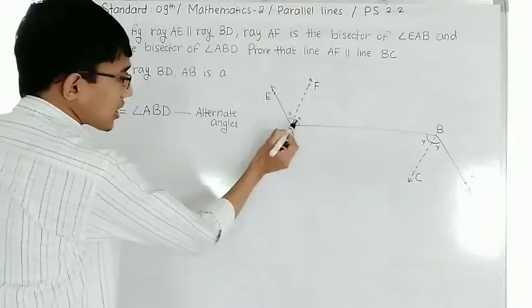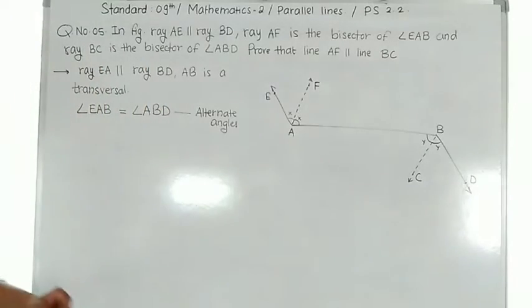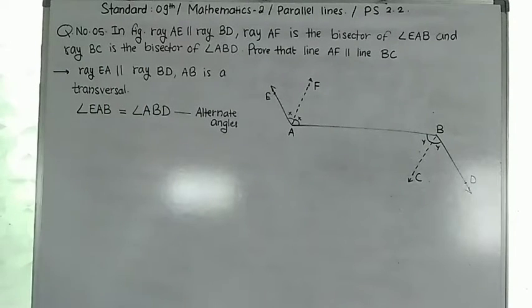ये जो एंगल है और ये एंगल जो है, दोनों भी अल्टरनेट एंगल्स है. So we have written that. We know that alternate angles are equal to each other if they are created by a transversal and two parallel lines.